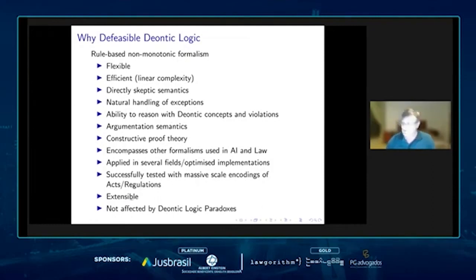It is also extensible, which is part of what I'm going to do today: the extension is how to deal with legal references. And while in most cases deontic representation suffers from paradoxes, defeasible deontic logic, for several reasons, something very simple, is not affected by them.